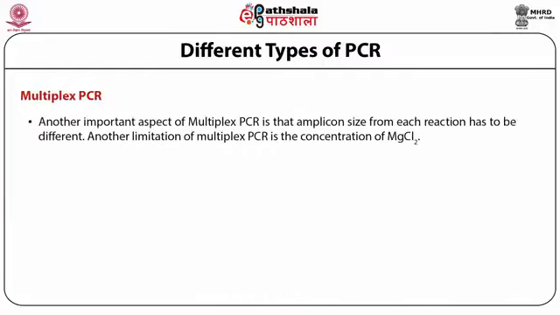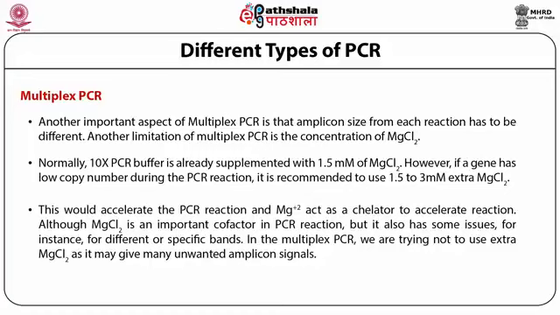Another important aspect of the multiplex PCR is that the amplicon size from each reaction has to be different, in a different physical length. Another limitation of the multiplex PCR is the concentration of MgCl2. What is happening? Normally, the 10x PCR buffer supplied by the manufacturers already has 1.5 millimolar magnesium chloride.